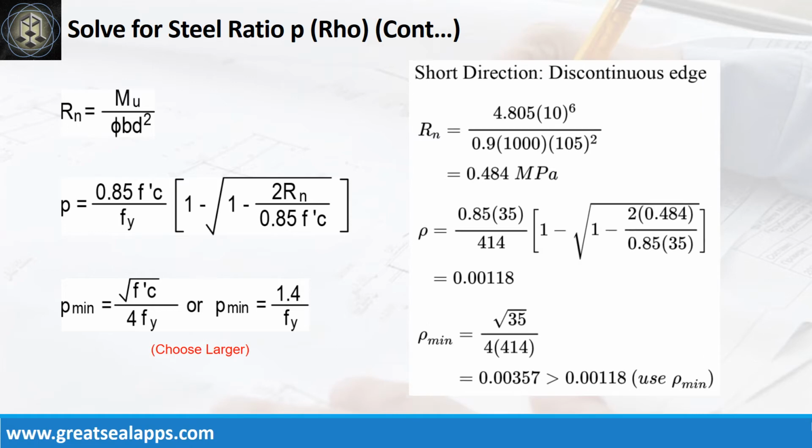0.0036. Given short direction, discontinuous edge moment equals 4.805 kN/meter, resistance factor equals 0.9, B equals 1000 mm, and D equals 105 mm. The beam design ratio Rn equals 0.484 MPa, and reinforcement ratio Rho equals 0.00118.